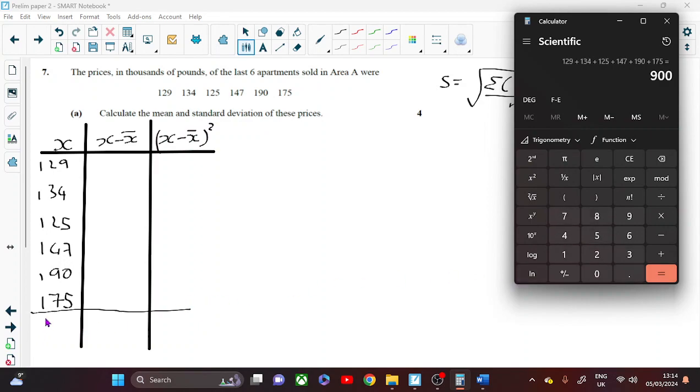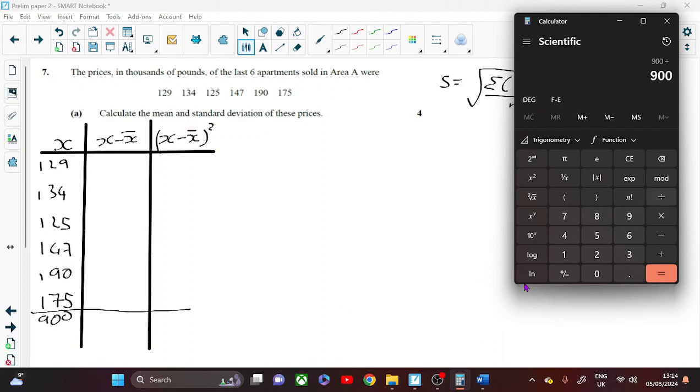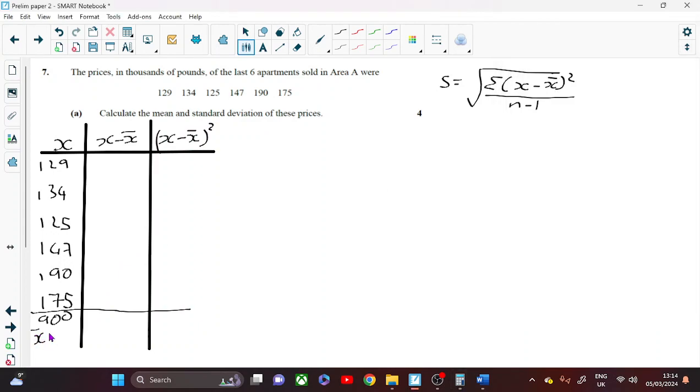Got a total of 900, and I got 1, 2, 3, 4, 5, 6. So I'm going to divide that by 6 and I get 150. So x bar is 150. We were asked for the mean, so we want to write the mean. And it's thousands of pounds.